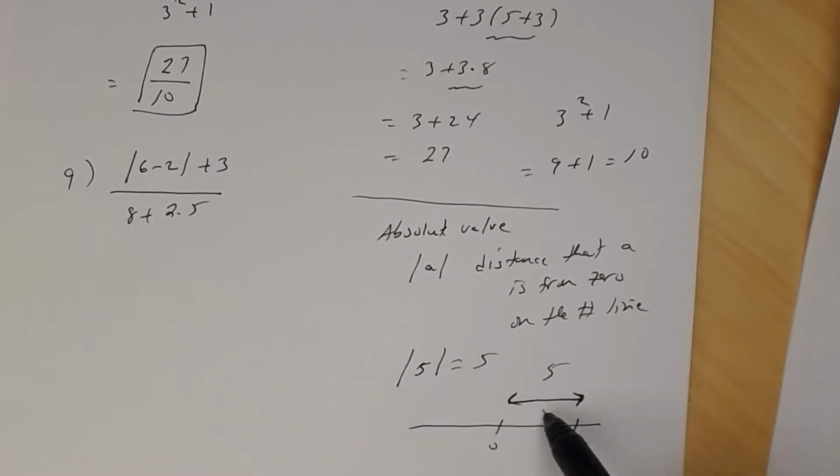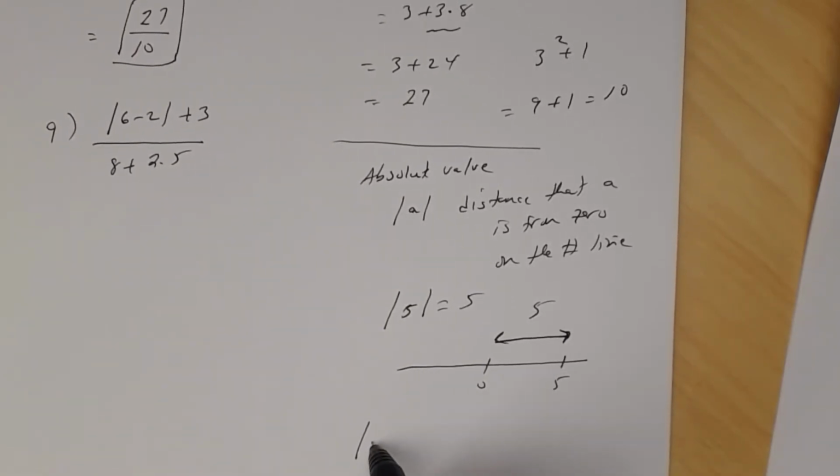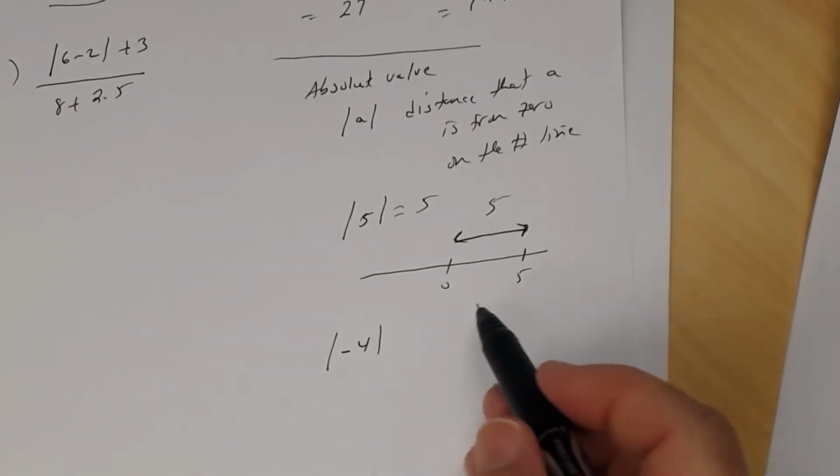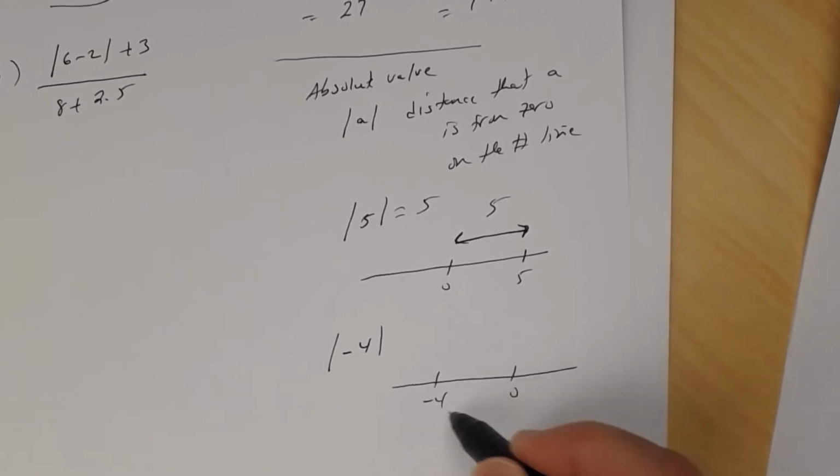So the absolute value of 5 means the distance that 5 is from 0. Well, what if you had the absolute value of a negative 4 instead? Same idea. Here's my number line. Here's 0. Here's negative 4.